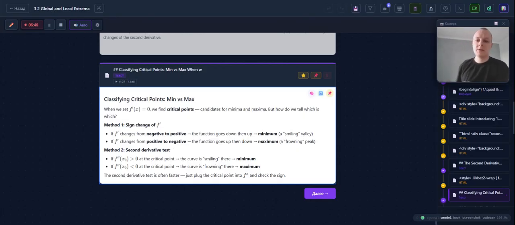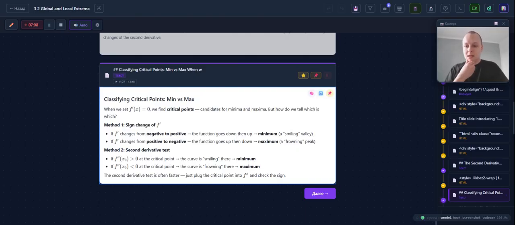So how can we apply this knowledge in practice? There are two methods. When we find our first derivative equals zero, we found our critical point, which might be either a minima or maxima. So now we can apply one of the methods.